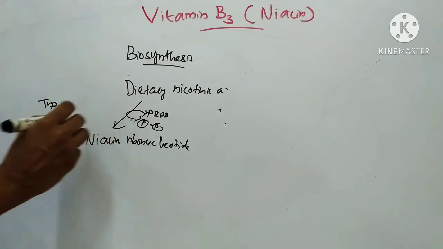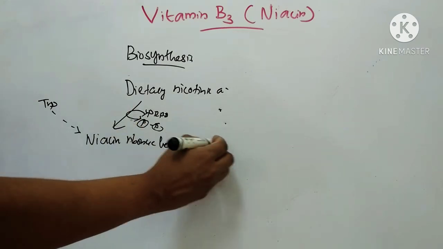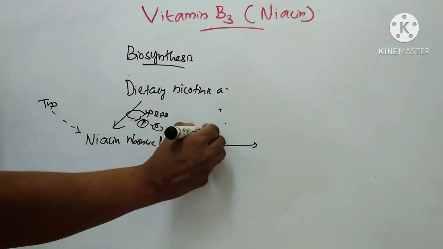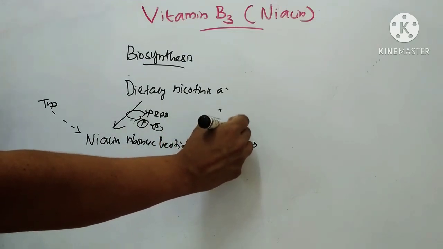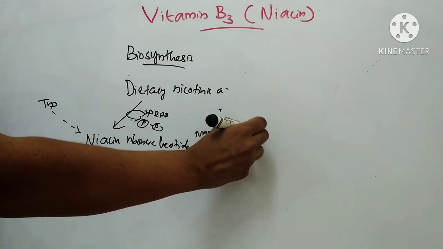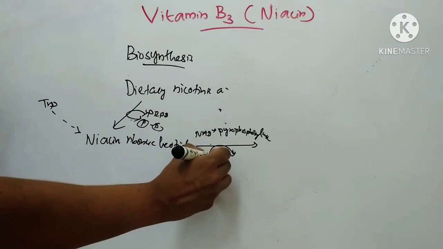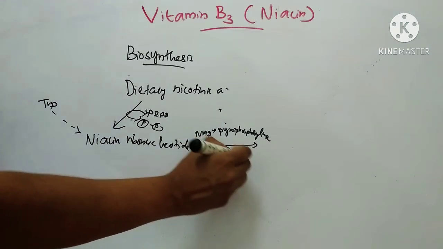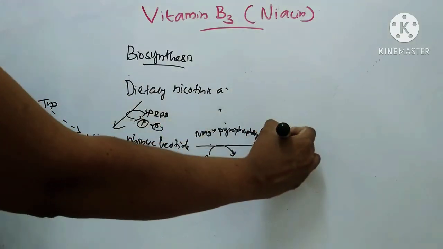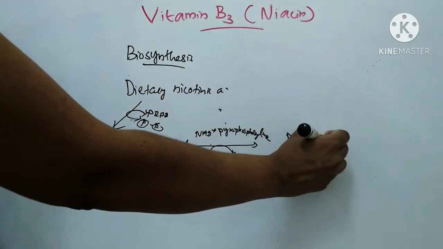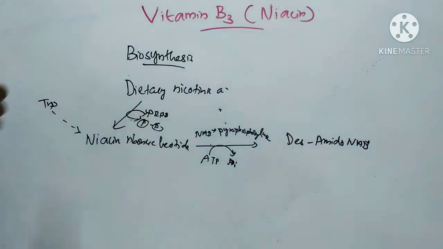Niacin ribonucleotide means niacin ribose phosphate. Then by the enzyme NAD plus pyrophosphorylase, with 1 ATP and PPi, it is first converted to desamido NAD plus.